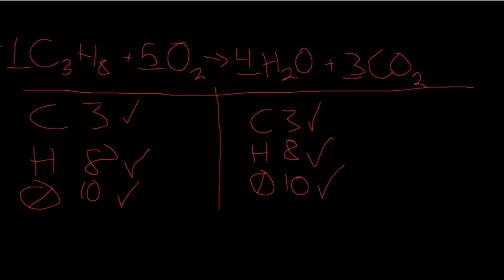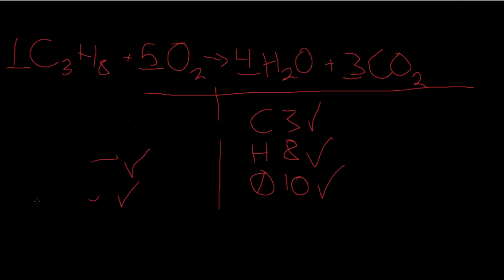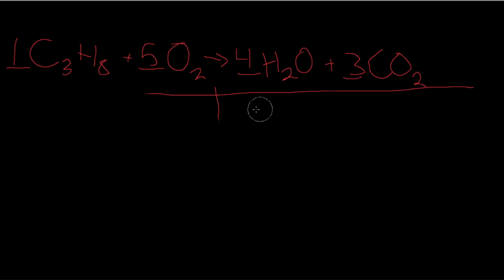So, now that we've got our balanced equation, and I wish I could make this eraser bigger, but I'll work with what it gives you. So, whoopsie daisy, I'll have to rewrite those. 3, C. There we go.